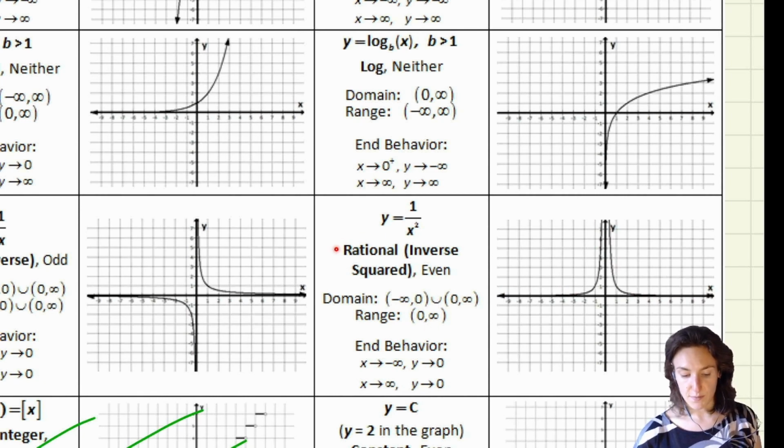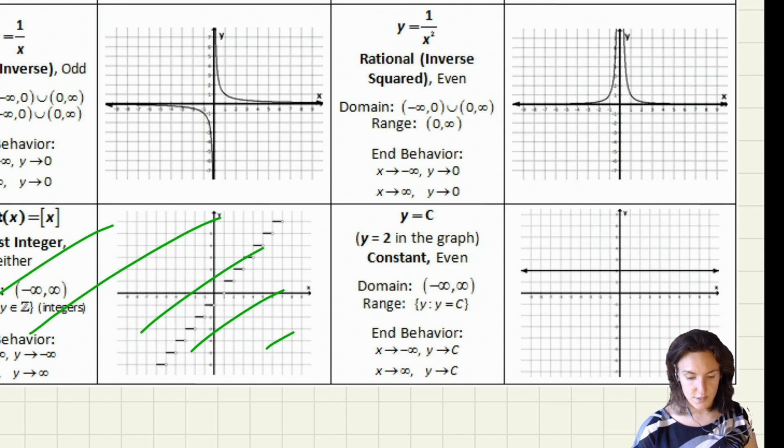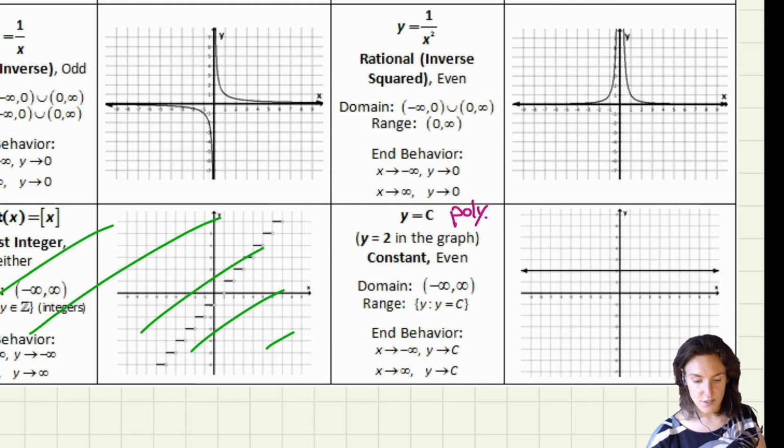And again, this is an example of a rational function. We have a polynomial divided by a polynomial. Technically, this is a polynomial. Okay, this is a constant polynomial, and it just looks like this. Now, our domain here, we can have any x value. So we have x values all along here, but our range, y, is only equal to one value.